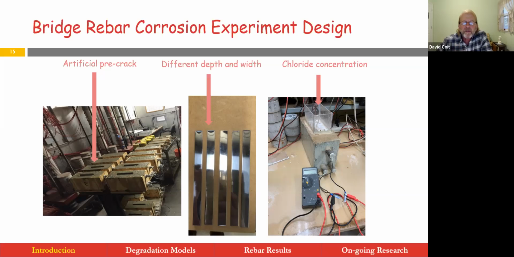We see on the left the samples with, in fact, the pre-cracks, but how the pre-cracks are done is to take these different materials, with 2 different widths and 2 different depths, and insert them when your concrete sample is formed. And then on the far right, we have the container for the chloride, and then the measurements take place. Again, this is going on in the Rutgers Civil Engineering Lab.